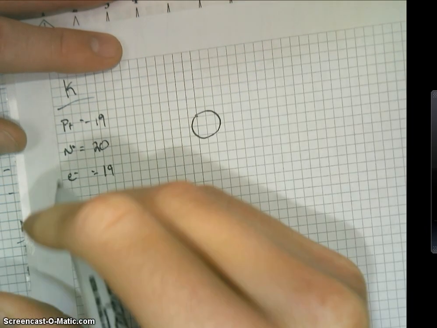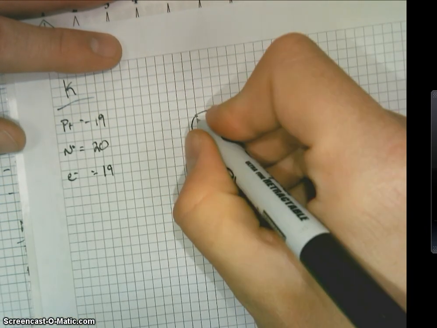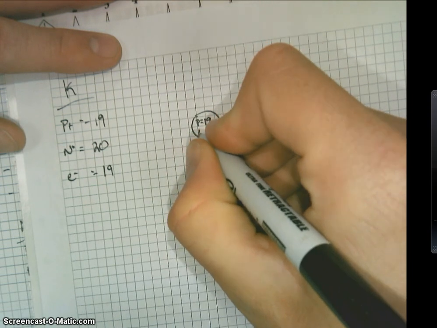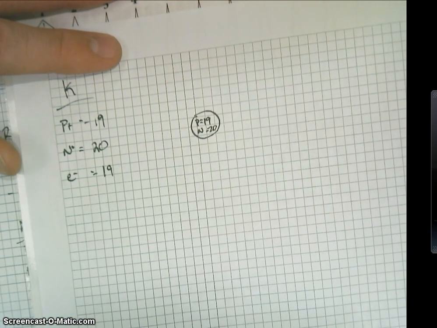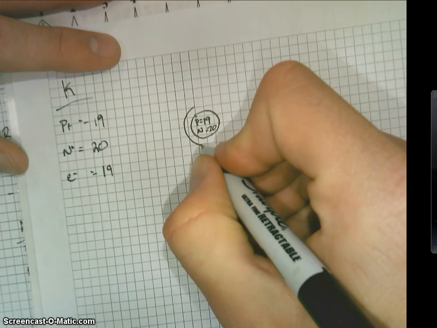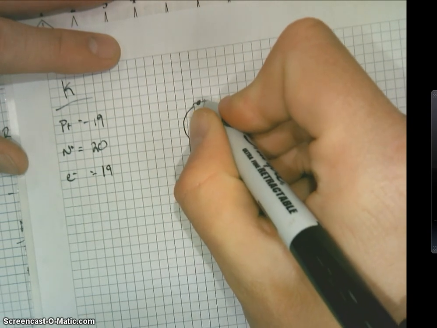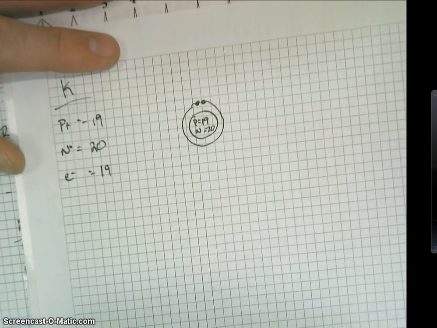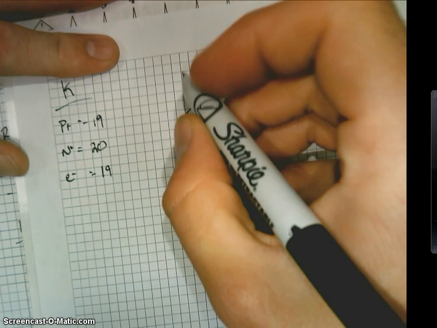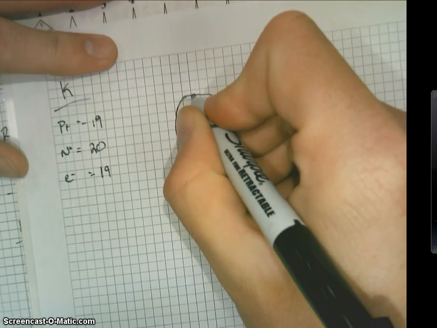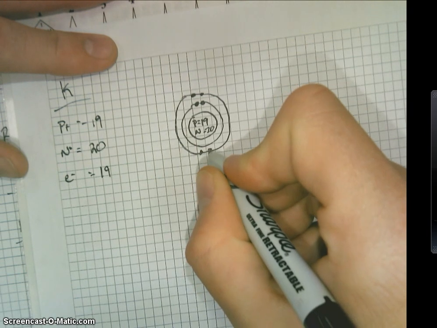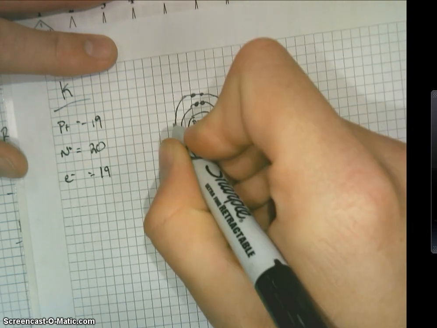There's our nucleus. Protons are 19. Neutrons are 20. Electrons, 19. So we've got a little bit of work here. We go 1, 2. Again, that's the most I can have in my inside shell. But after that, I can have 8 in every shell. 3, 4, 5, 6, 7, 8, 9, 10.